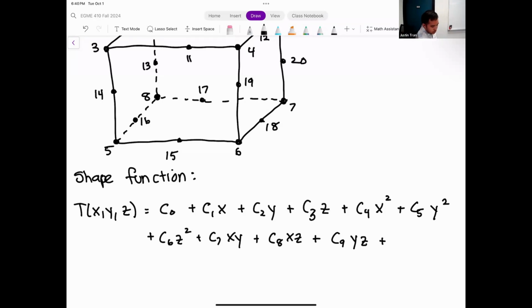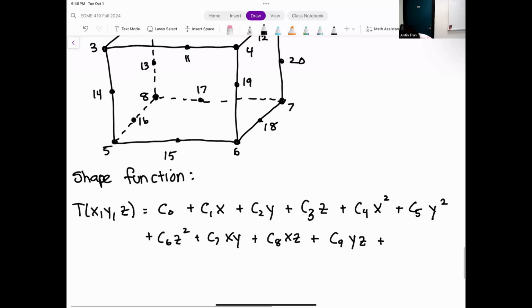Right. So before we get to the triple terms, because this is a quadratic element, we could have x squared or y squared. So let's do all the first order cross terms with a quadratic term. So this is going to be the bulk of the terms, actually.